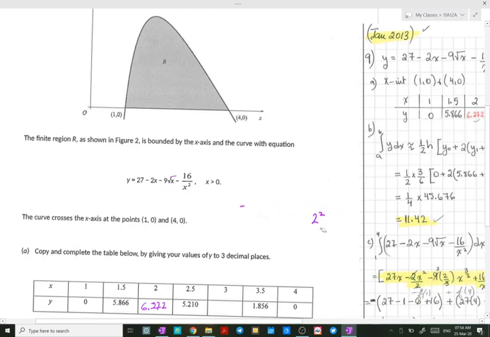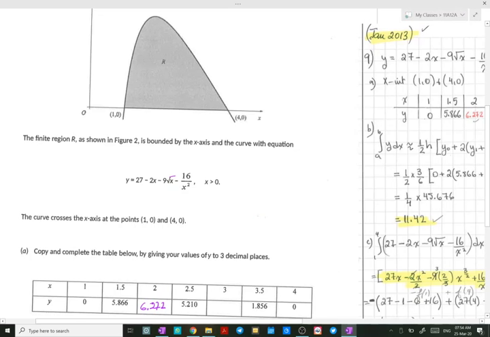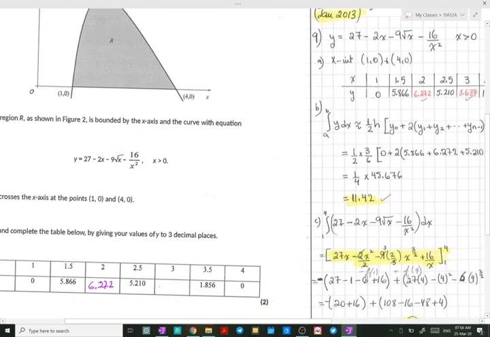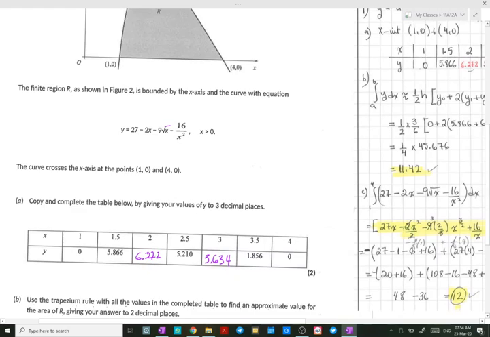Doing the same thing for the value x equals 3, your answer is going to be 3.634. So we've completed the table in part A.